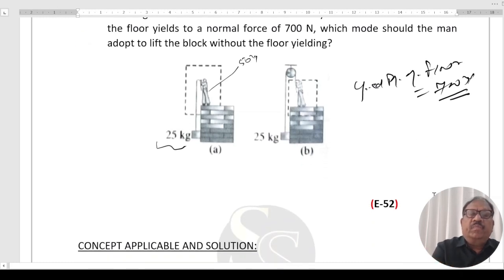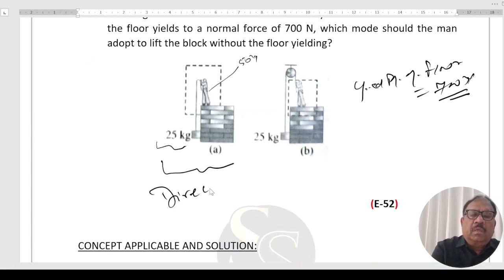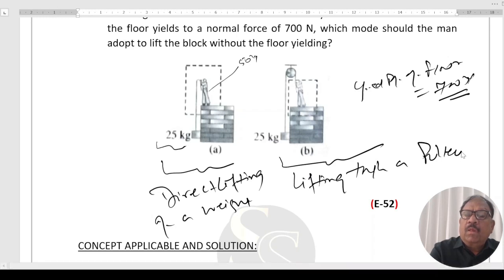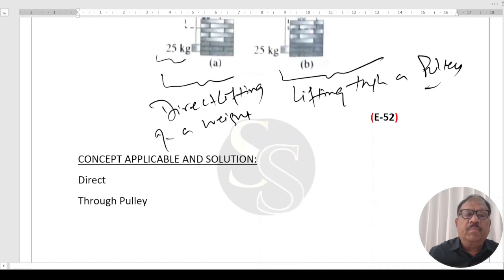This is direct lifting of a weight. This is lifting through a pulley. Right?